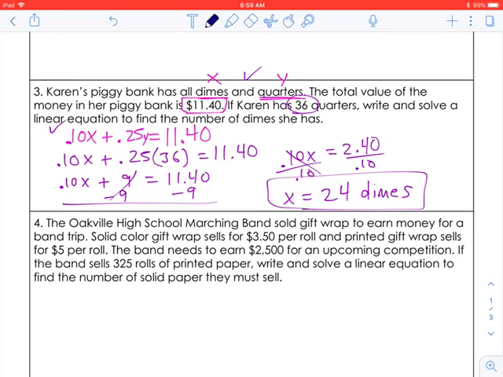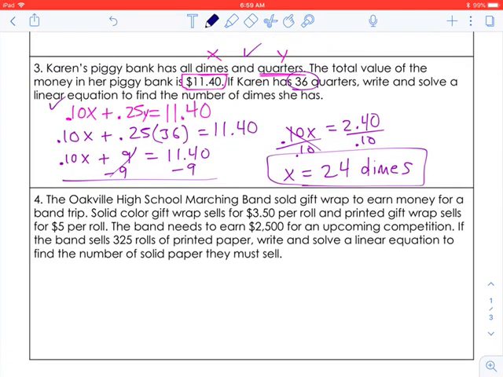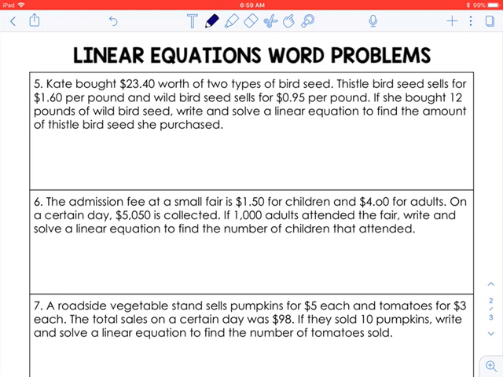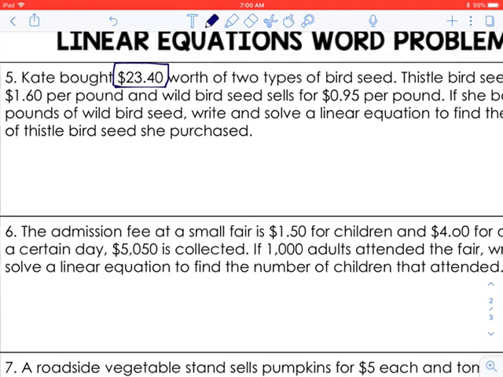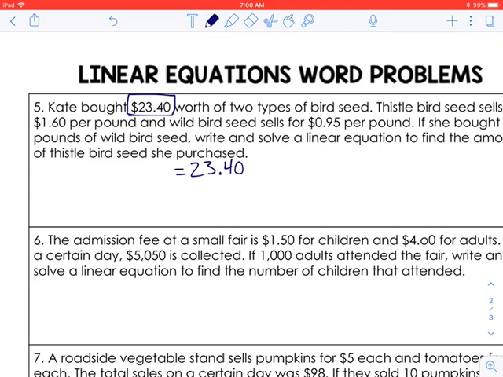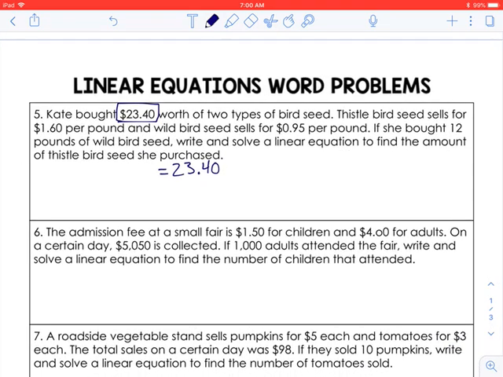Let's go to the back side here. Number 5 says Kate bought $23.40 worth of 2 types of birdseed. Right away, I think they gave us the total, so you can write your total right away, $23.40. Now, what 2 types of birdseed do we have? Thistle birdseed sells for $1.60 per pound, so there's one of them.